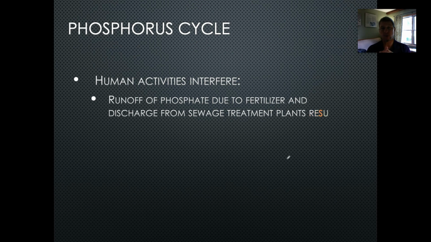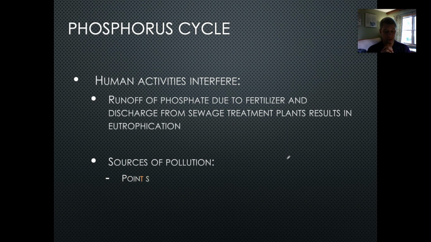And this is again where there's so much phosphorus in the waterways that plants grow out of control, and this can lead to an unbalanced ecosystem. The animals die out. And so the sources of phosphorus pollution here come from the fertilization, as well as from a few other things as well.